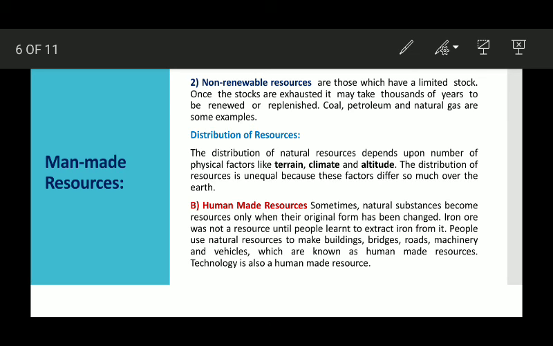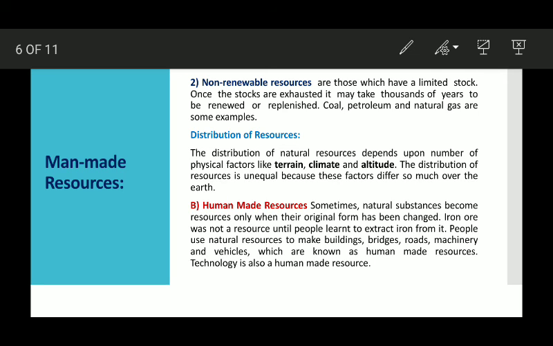Second, climate. What kind of climate is there so that we can use the resource. Climate may be cold, may be hot as well as moderate. Third is altitude. So it means height from the sea level upward. So these are the factors due to which the natural resources are not equally available on all parts of the earth.